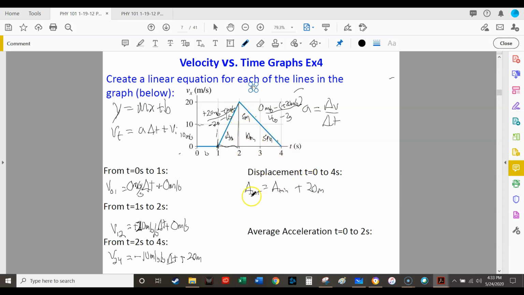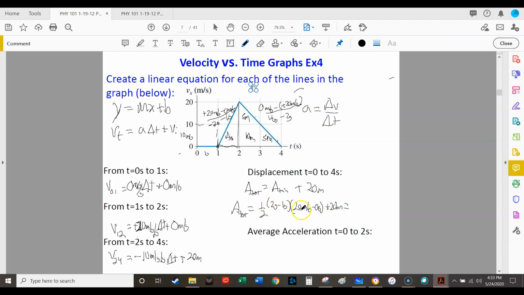Well, and that's all relative to the 0, right? Well, now let's do this triangle. The area of that one triangle is going to be equal to 1/2 the base, which is 2 seconds minus 1 second, and the rise is going to be 20 meters per second minus 0, that's plus 20.